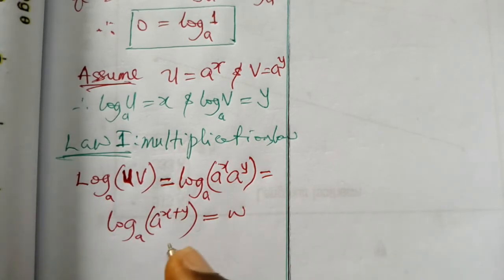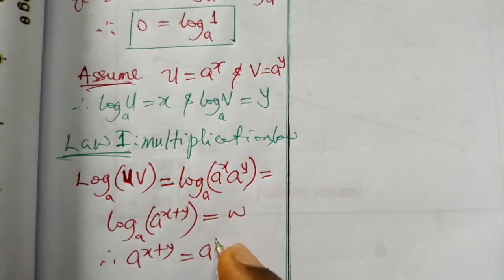Therefore a^(x+y) is equal to a^w, which means our w is equal to x plus y.